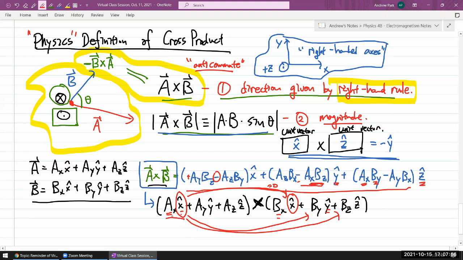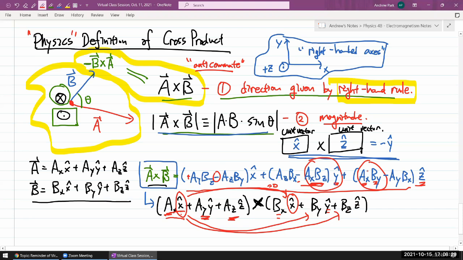Considering the product of this term with all 3 terms here, I got 2 of the terms that I have in my cross product formula. And you can get the remaining 6 by considering remaining 6? No, you can get the remaining 4 by distributing this term into the B vector components and this term into the B vector components. It's a fun exercise.